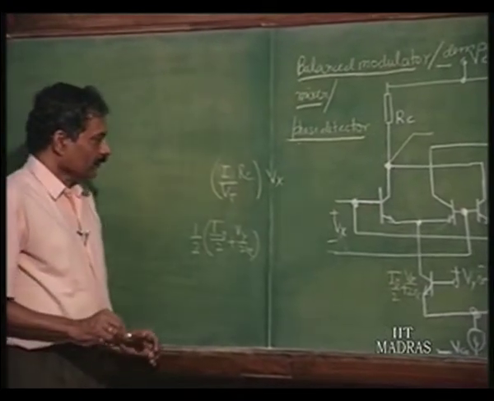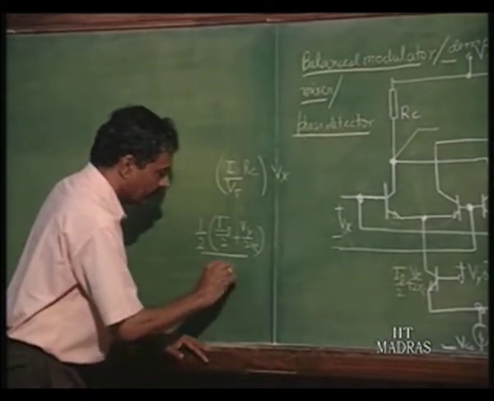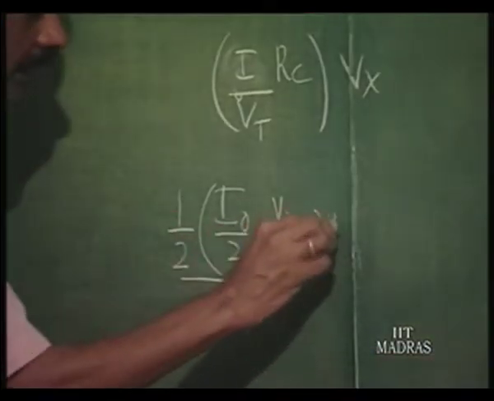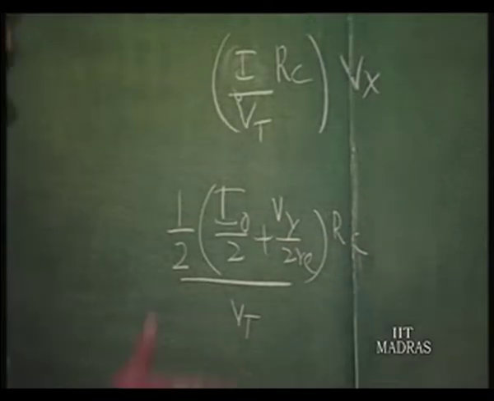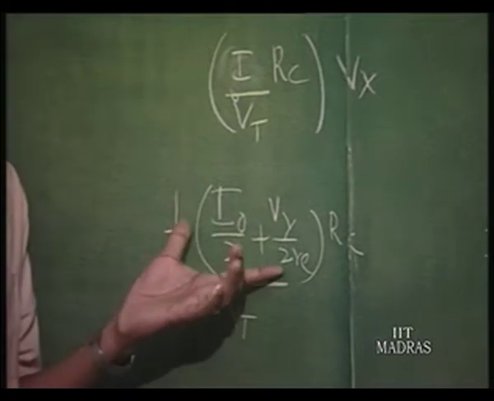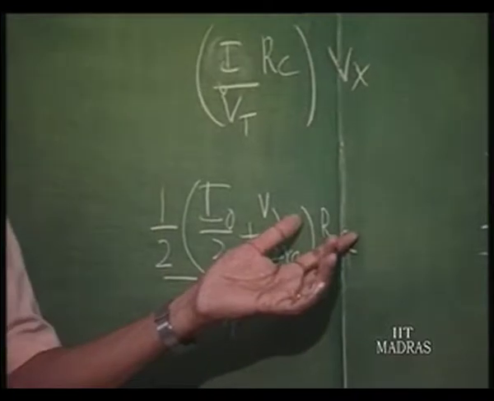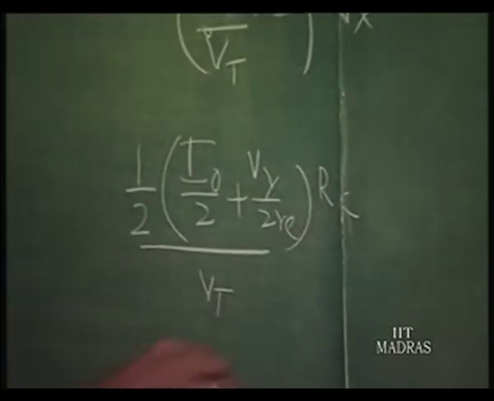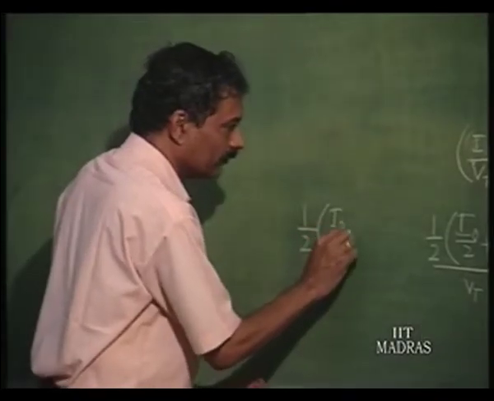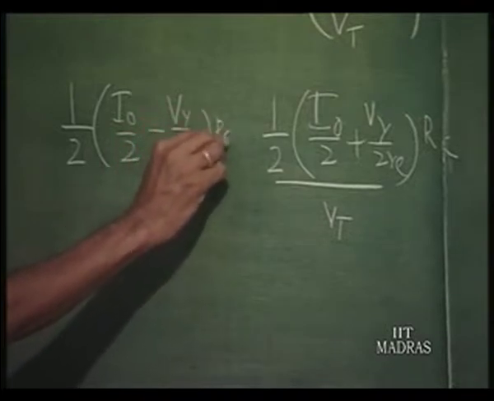So, that current divided by V t into R c is the gain of one, and another one is half of I naught by 2 minus V y by 2 R e, into R c.